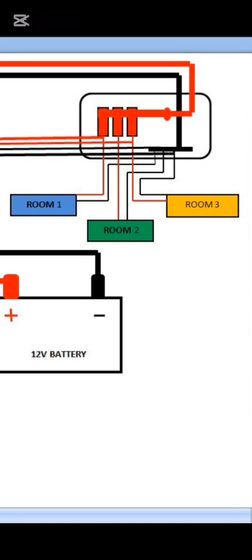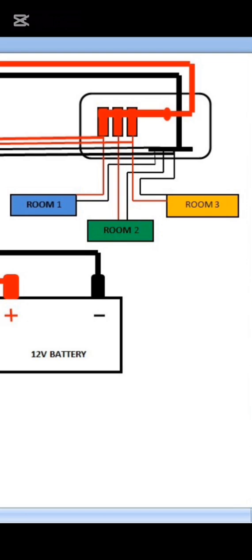The positive bus bar is connected with the positive power supply from the main or the meter, and by extension it supplies the power to all the miniatures in the building.